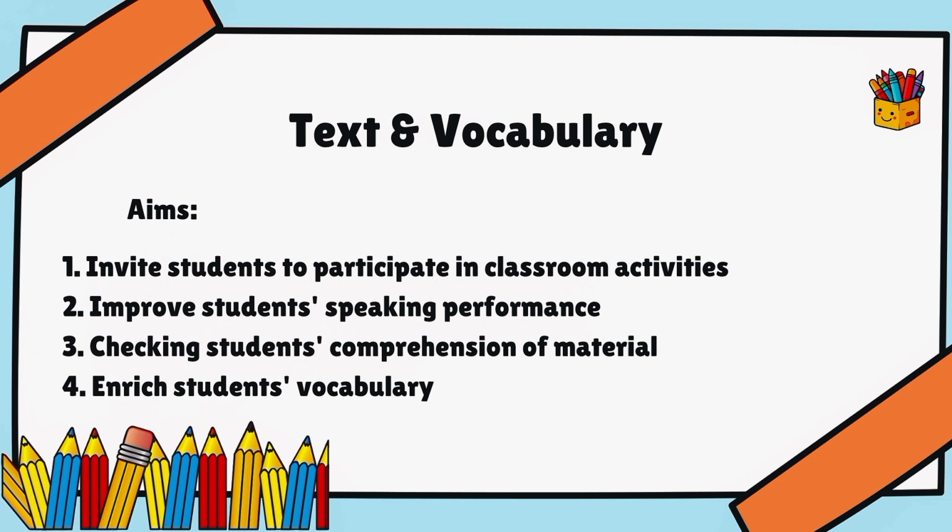This is why we ask them to read aloud one by one and then ask them about the story. The second aim is to improve students' speaking performance in the class. We hope that they will be encouraged and improve their speaking performance. We also might ask them about what they did before school, in the school.